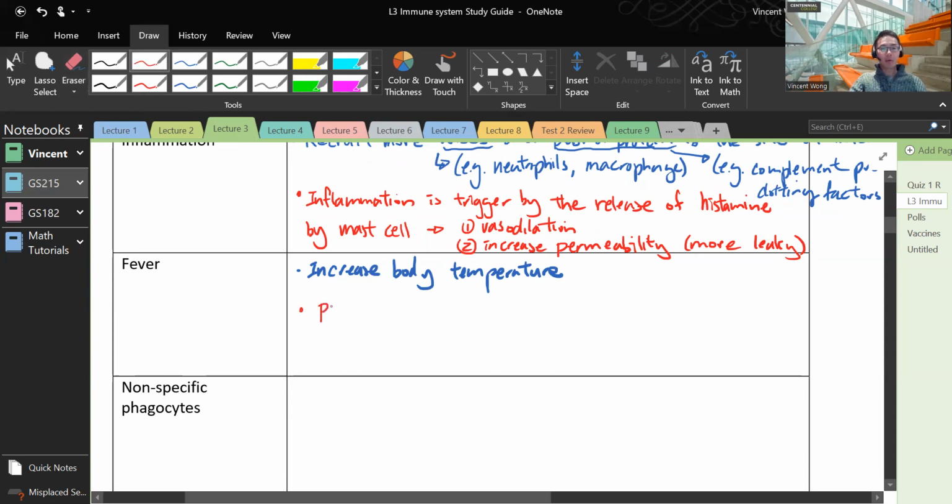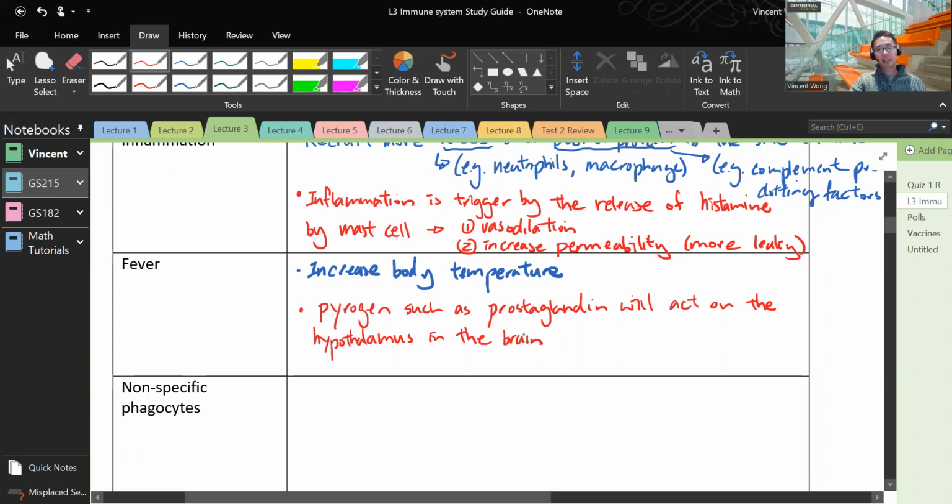There are pyrogens such as prostaglandin, which will act on the hypothalamus in the brain to increase body temperature.